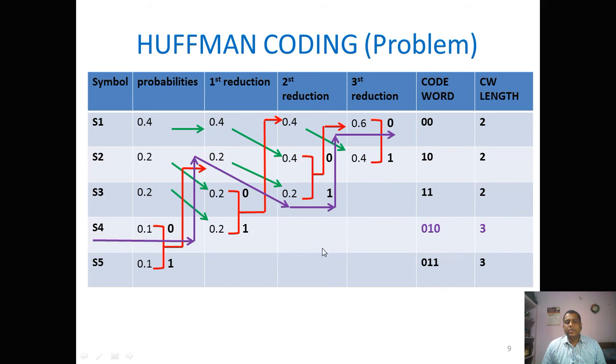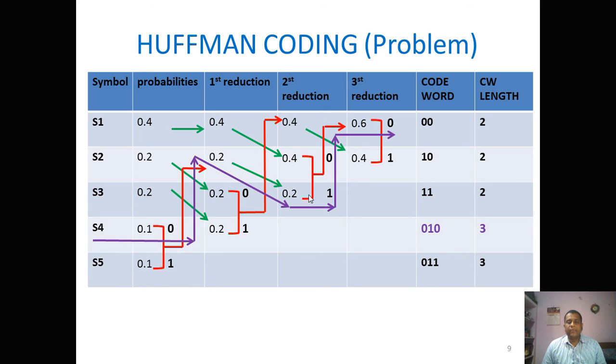In this second stage of reduction, the same procedure is repeated as in the first. The last two probabilities are summed up, whereas the upper portion is given a logic 0 and the lower portion is given a logic 1.